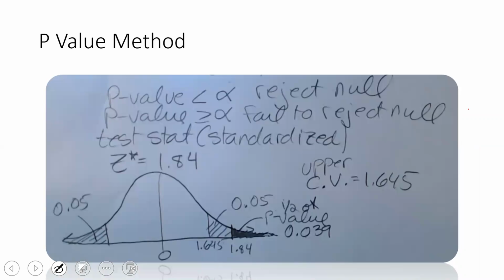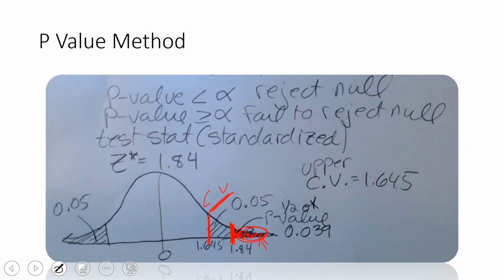So what happens in the p-value? Suppose this is my test statistic. Then I will find the area of this region, where my null hypothesis will be rejected. This is my area, and this is the critical value.